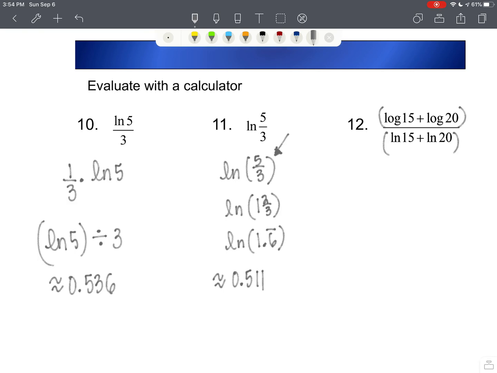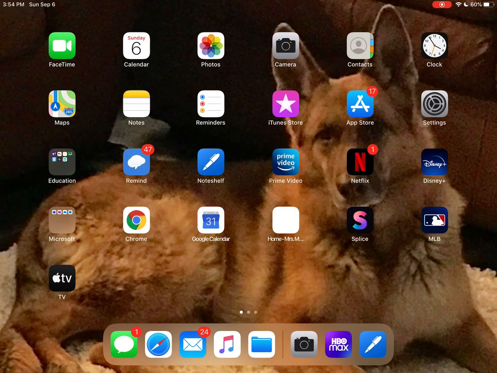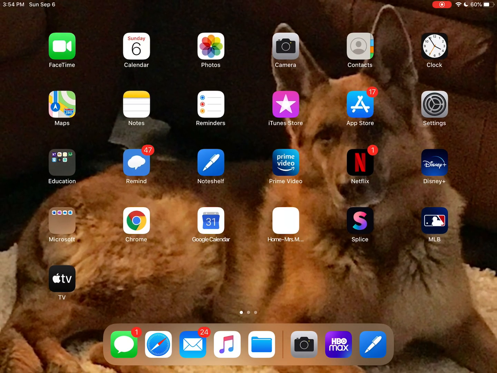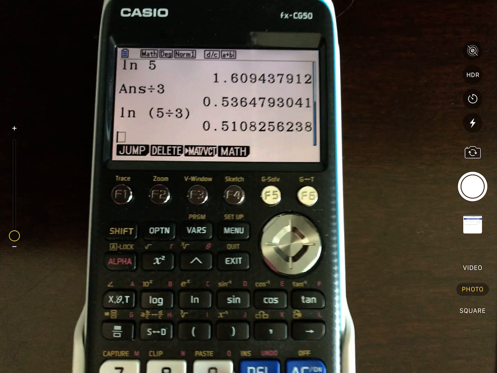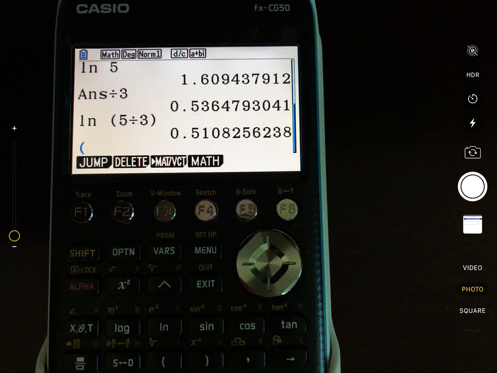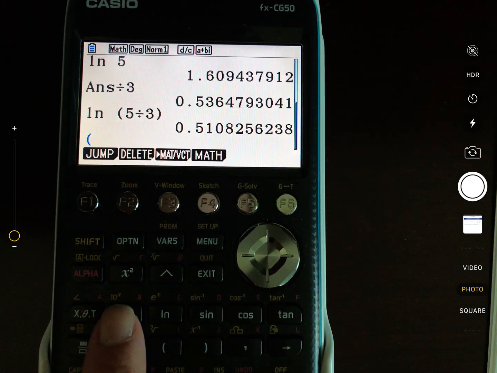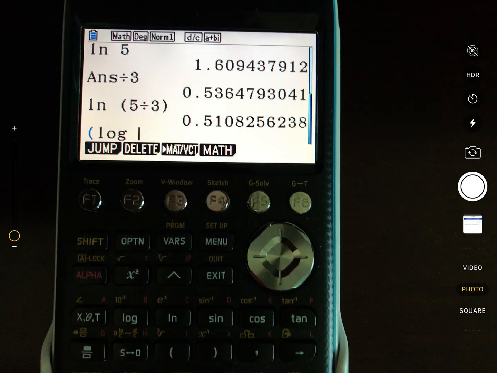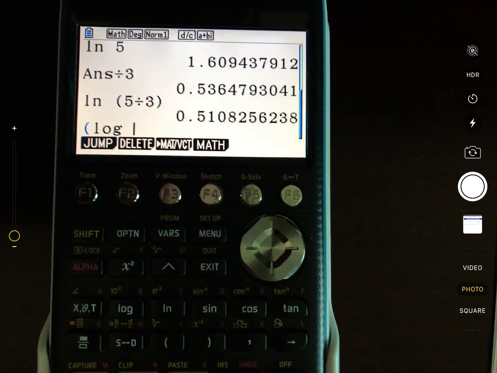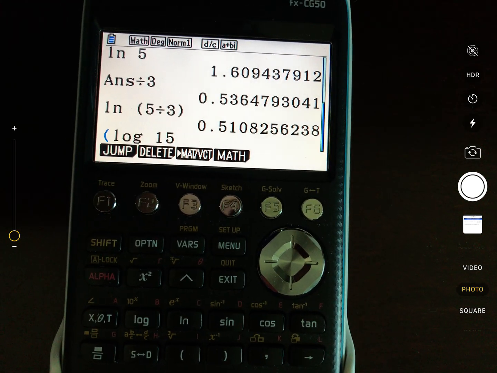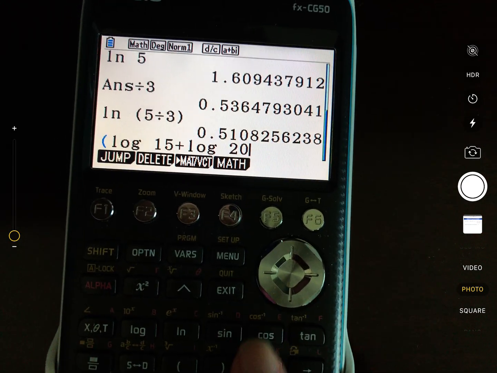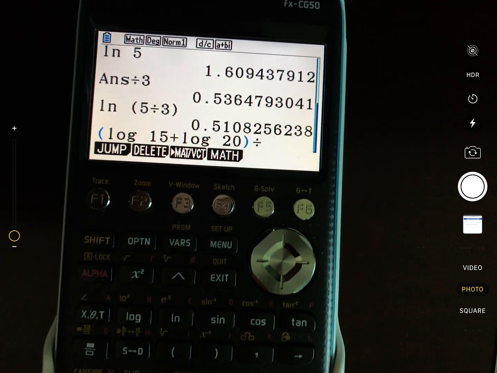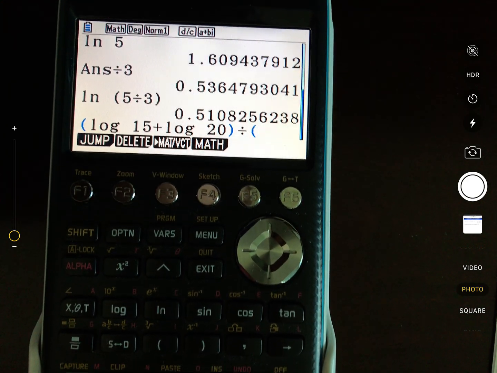Now number 12, if you have a fancy calculator, or if you're good with even putting parentheses and your division bar and all that, you can, and I'll do it that way first. Log base 10 is just log. So log of 15 plus log of 20. I'm going to divide that by all of the denominator.